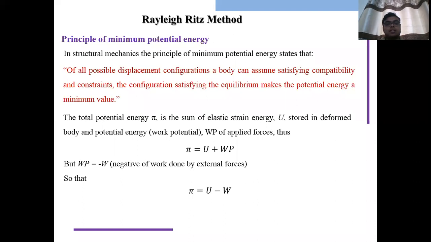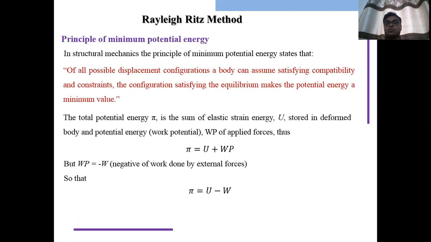So, what is the principle of minimum potential energy? In structural mechanics, the principle of minimum potential energy is that, of all the possible displacement configurations a body can assume satisfying the compatibility and the constraints, the configuration satisfying equilibrium makes the potential energy a minimum value.